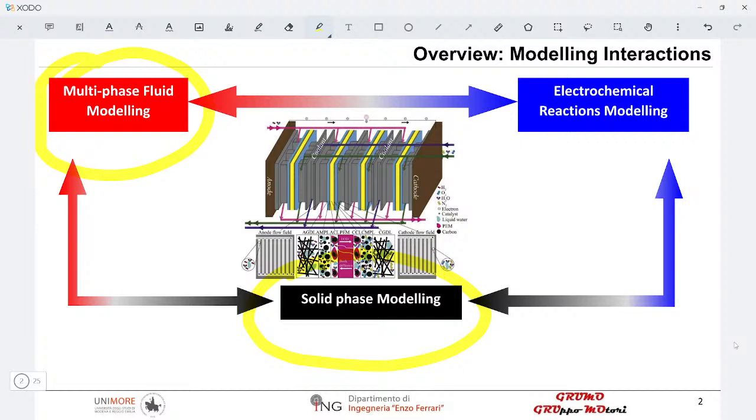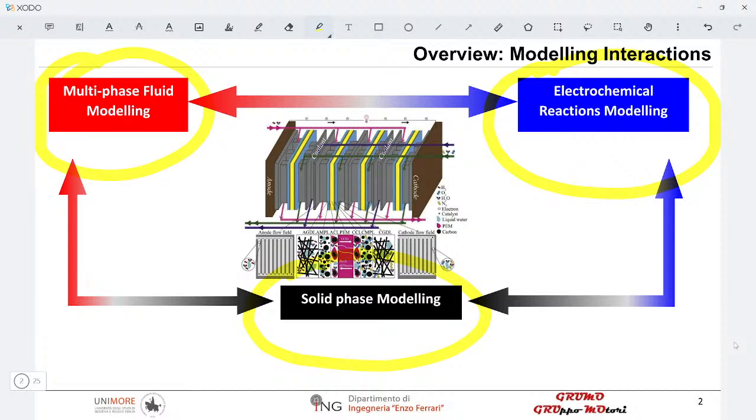And then we have a third simulation framework, which is clearly the one related to electrochemistry. Electrochemistry interacts with the fluid aspects, as we will see today: electrochemical reactions consume reactants and produce products, so these reactions have to be coupled with the fluid modeling.